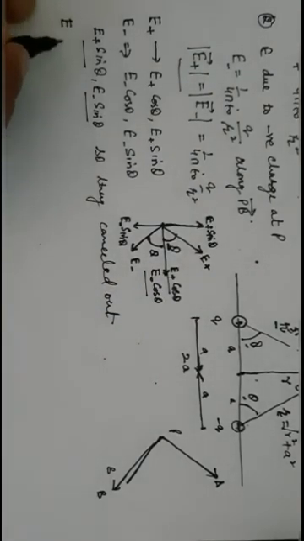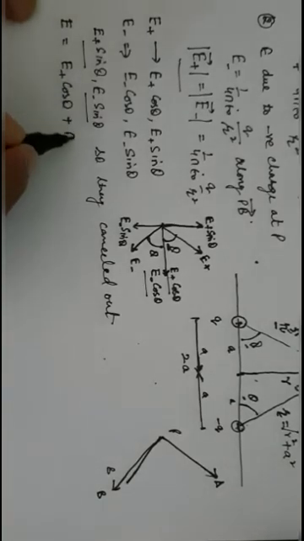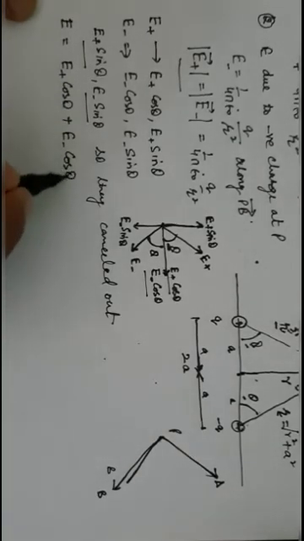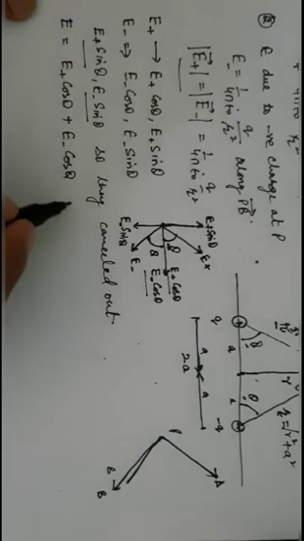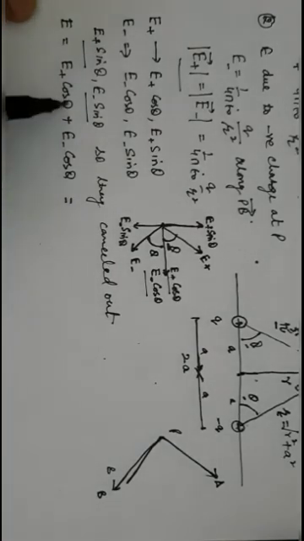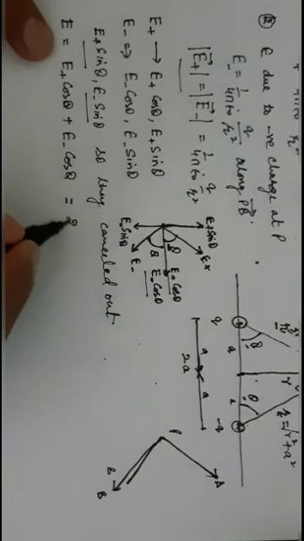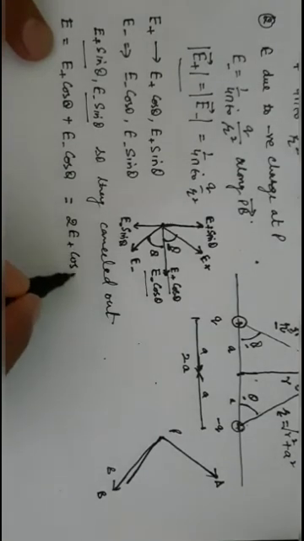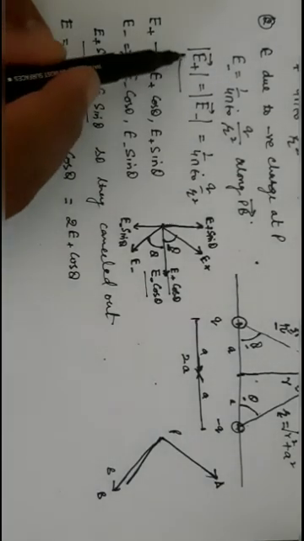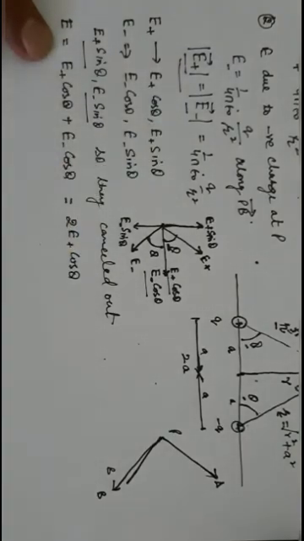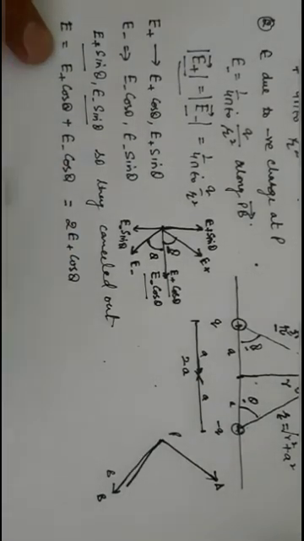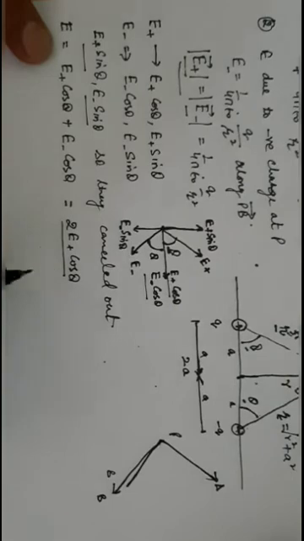Then the resultant is E positive cos theta plus E negative cos theta. Also their magnitude is equal, their angle is equal, so I can write it as 2E positive cos theta. Since their magnitude is equal, it can be written as twice E positive cos of theta.